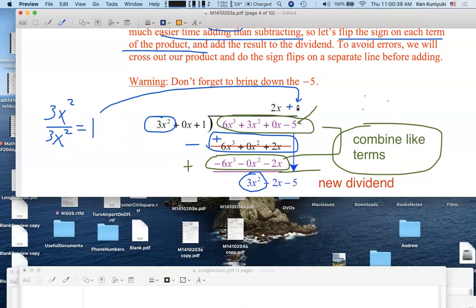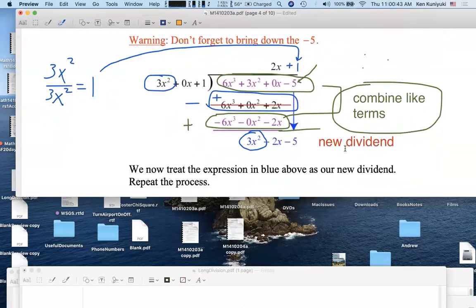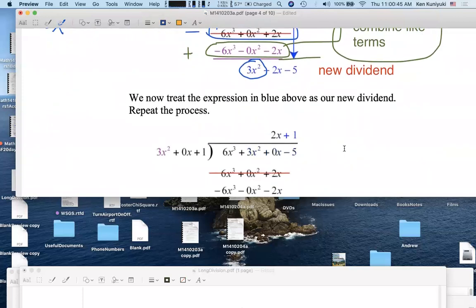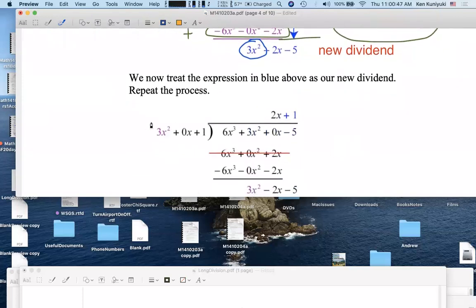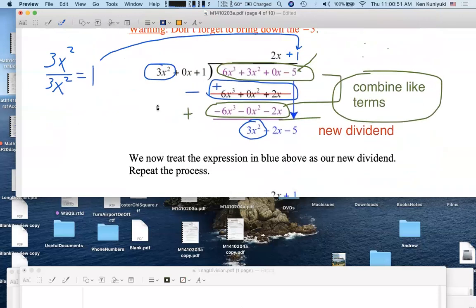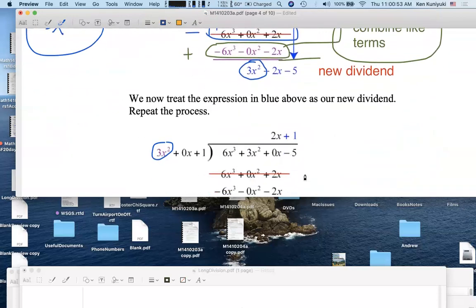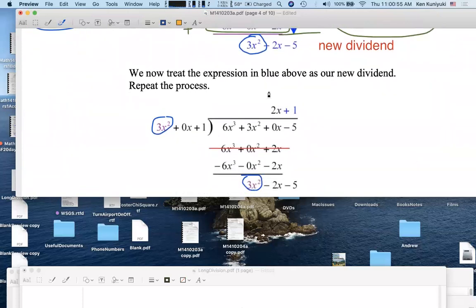The positive one goes here in the constant term lineup. We put the positive one over here as the new term in the quotient.